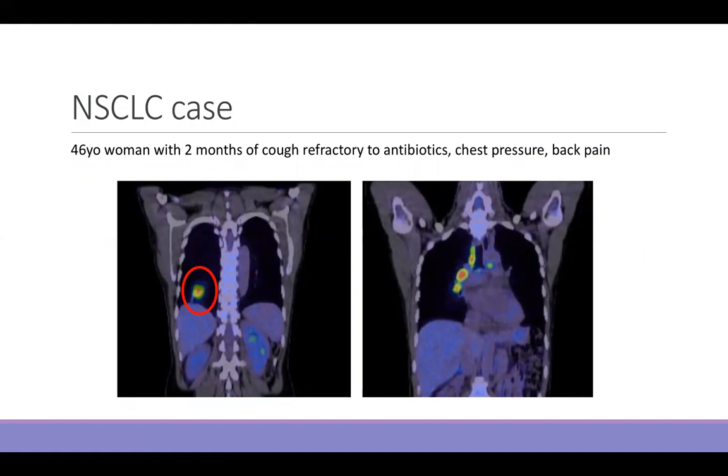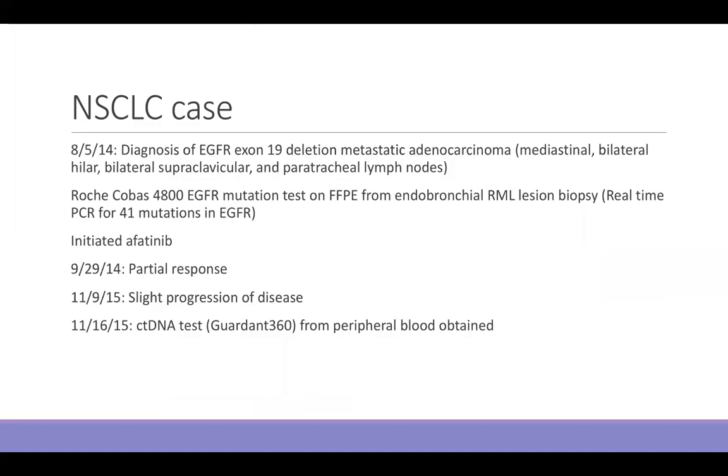I'm just going to briefly touch on therapeutic indications. So I'll just briefly present a short case. A 46-year-old woman, refractory cancer, EGFR exon 19 deletion. An FDA-approved test was the Roche EGFR mutation liquid biopsy test, and it was done in tissue as well as in blood. Patient first responded to afatinib, then progression.